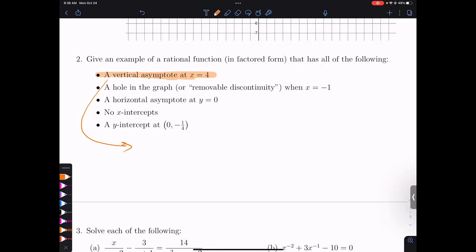Say again? What happens at x equals 4? It's got to be a place where the denominator ends up being 0, right?